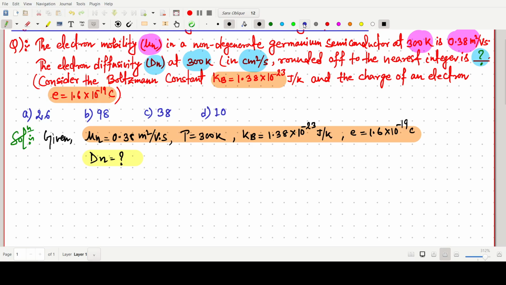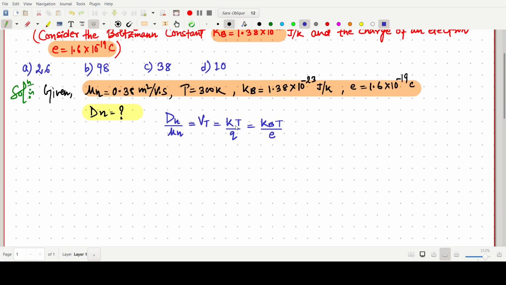We can write Dn by mu n equals Vt, the thermal voltage, and this Vt is nothing but simply KT by Q, or in general KB T by E. Then the electron diffusivity Dn can be written as mu n times KB into T by the electronic charge E. This is the formula, and this is nothing but Vt in volt.